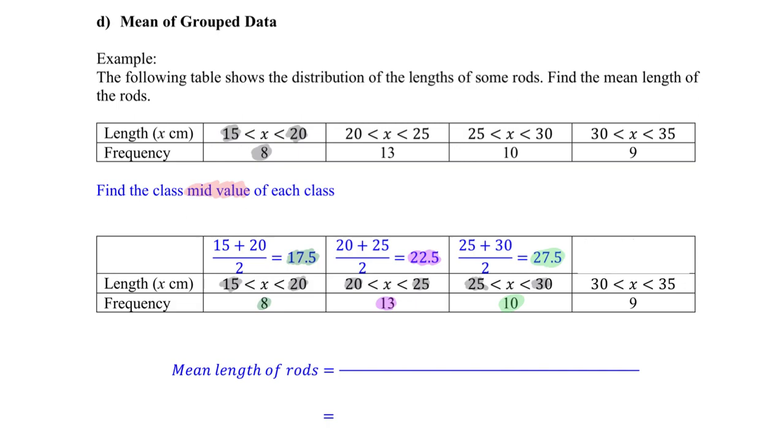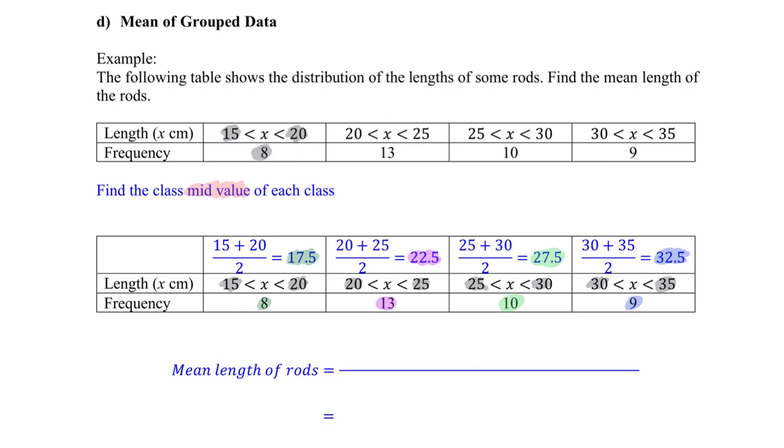And for the last part, 30 and 35, you all catch how to do it already. So for the last part, since I have 30 and 35, I just need to add them up and divide by 2. And that will give me 32.5 for the 9 rods. Now, with this, I can find my mean length.